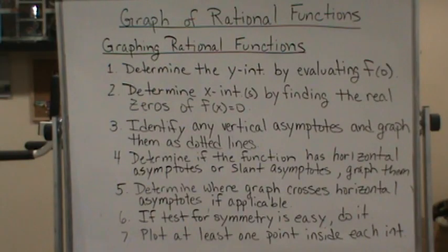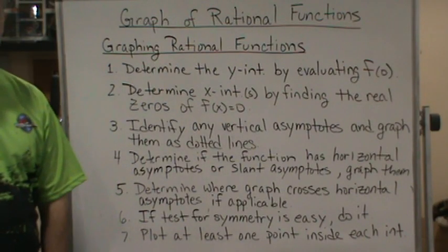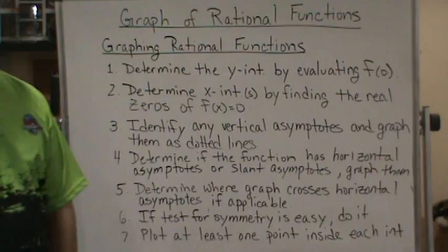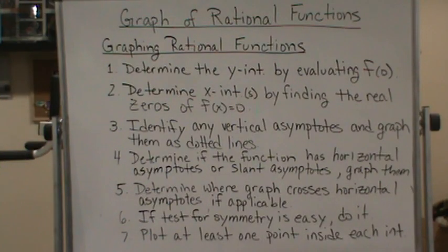And again, if applicable. So the graph of the function may or may not cross the horizontal asymptotes, okay? 6, if a test for symmetry is easy, do it, and then graph additional points using symmetry.